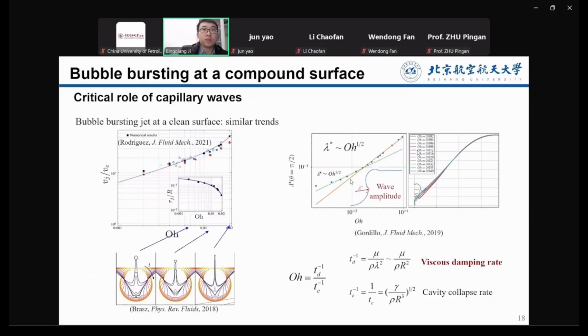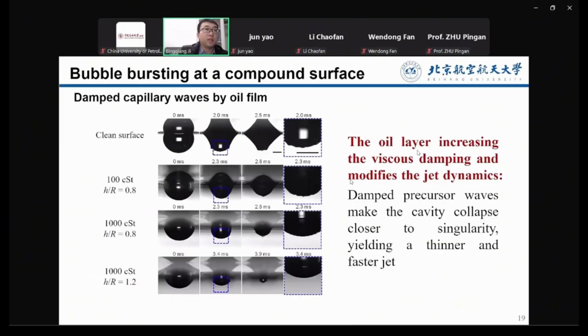This is due to the increasing viscous damping on the capillary wave during cavity collapse. And it can make the capillary flow occur at a smaller length scale, generating a smaller and faster jet. This jet dynamics is controlled by the Ohnesorge number, which can be expressed as a ratio of viscous damping rate to the cavity collapse rate.